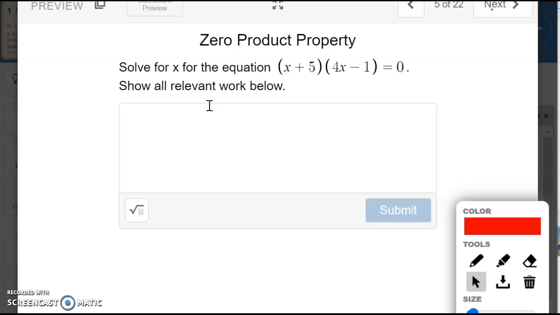You just set each of the factors equal to 0. So it becomes x + 5 = 0, or 4x - 1 = 0. So x = negative 5, or 4x = 1, so x is equal to a quarter. And card number 6 is pretty similar.